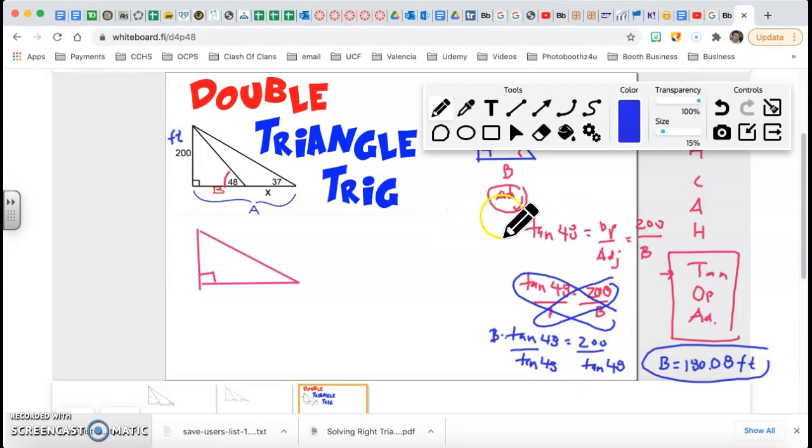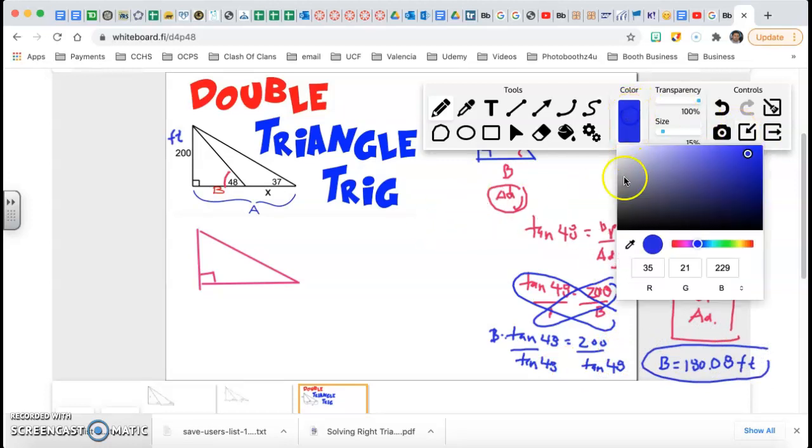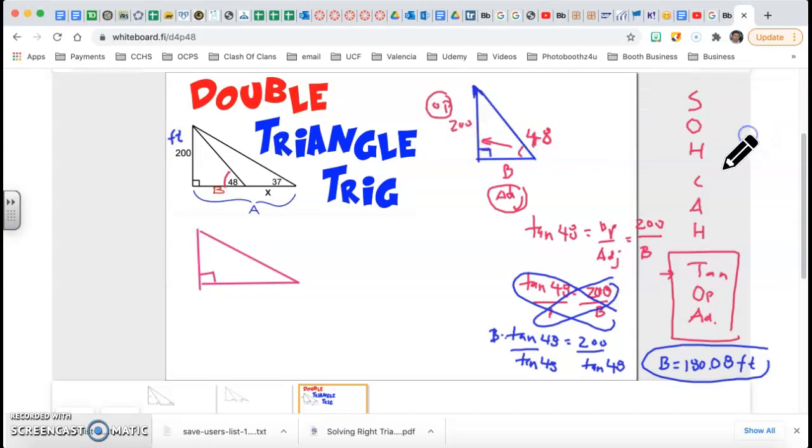Now we do the same process, but let's work with blue. Instead of working on this small triangle, I'm going to work on the big triangle.